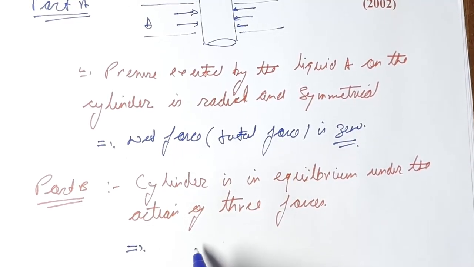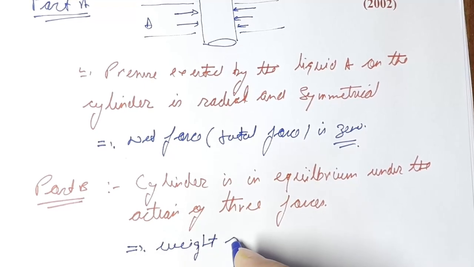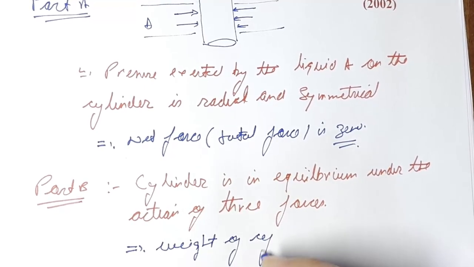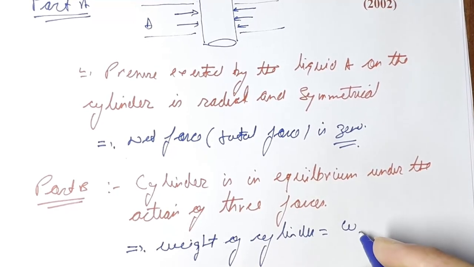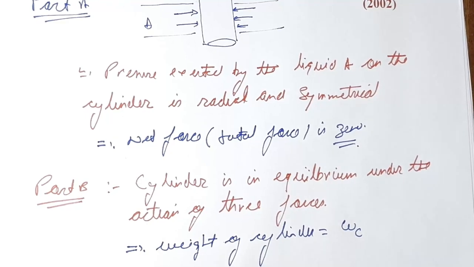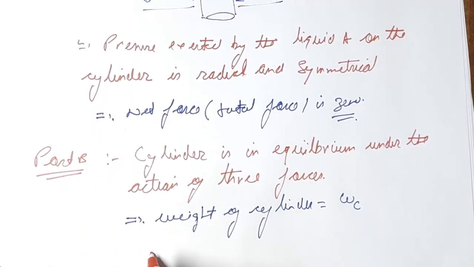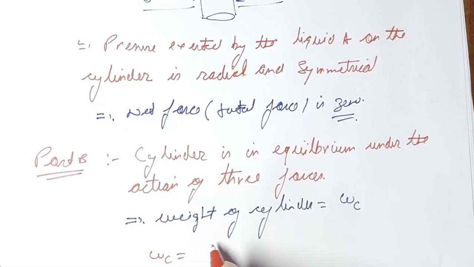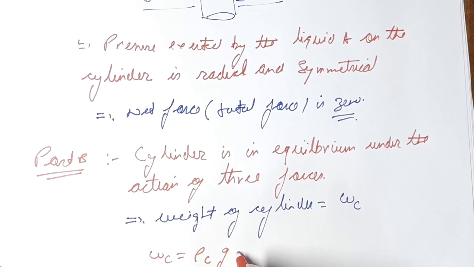So we can say the weight of the cylinder, let us call that WC, will be equal to rho C multiplied by G and multiplied by VC.